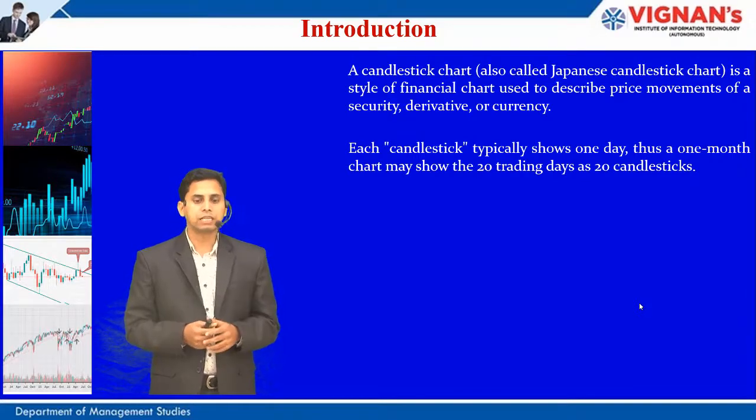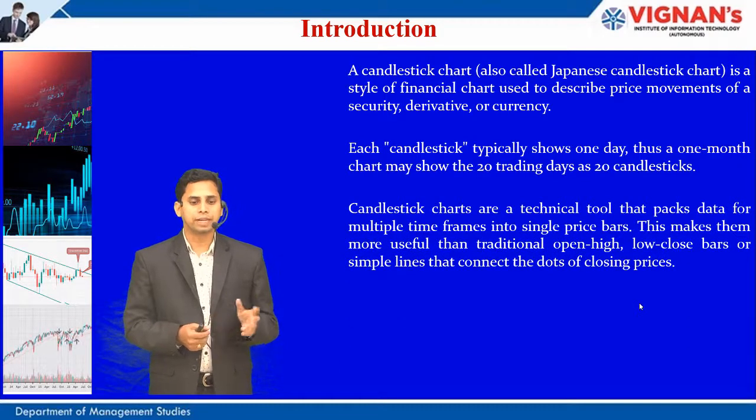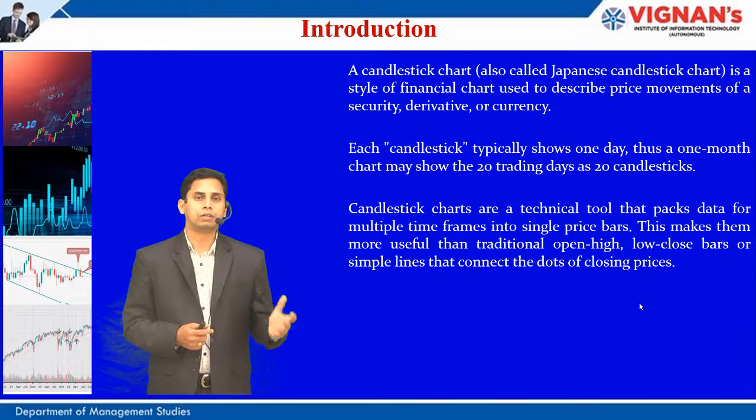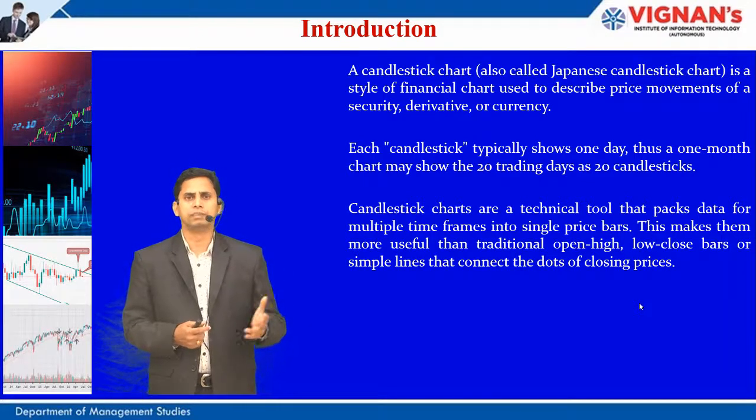The candlestick chart is a technical tool that packs data for multiple time frames into a single price bar. As we discussed, a daily time frame candle is of 1 day, and within that day you can divide it into other time frames like the 1 hour chart, 30 minutes chart, 15 minutes chart, 3 minutes chart, even the 1 minute chart.